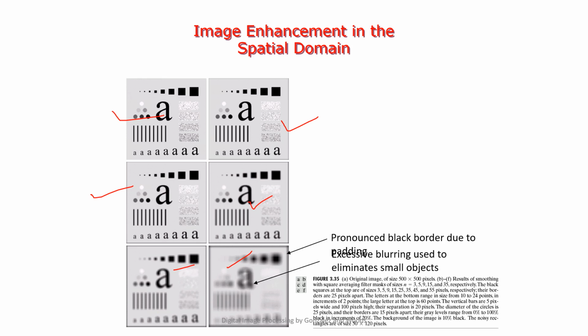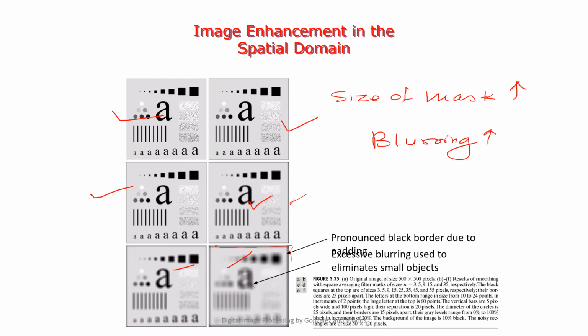As the size of the mask increases, blurring will increase. It's just like the order of a filter. And see here, the black border is visible because of the padding. So why, how is the blurring happening?